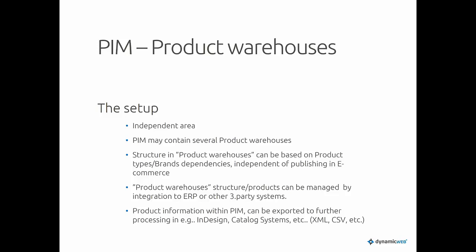All the product information that we are going to contain in these warehouses can also be exported for further processing, for example, for InDesign or other catalog systems and so on. So exporting them in any XML or CSV or whatever text-based format is going to be available from these warehouses as well.